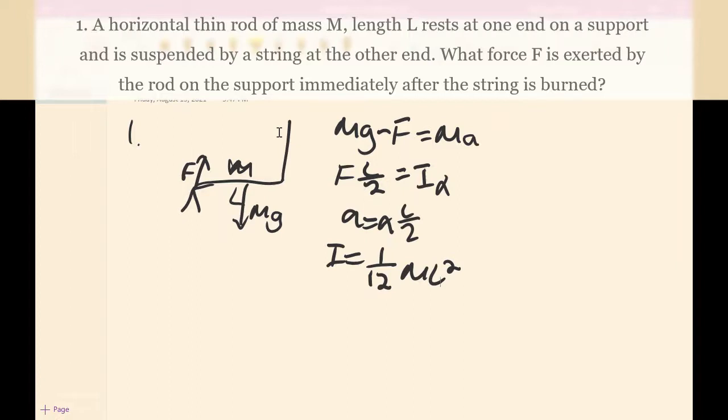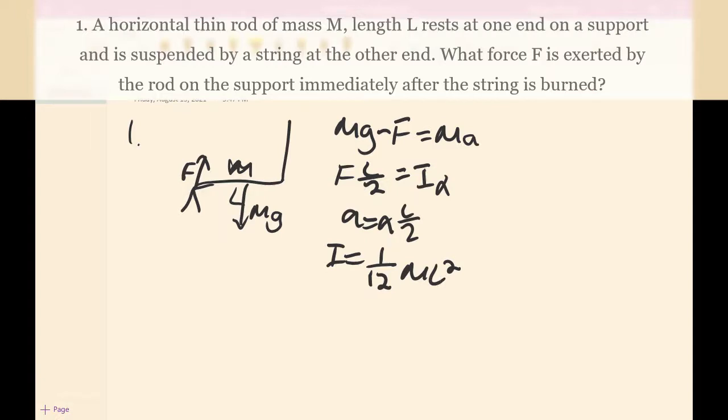It's different for other shapes and points you measure from, and you should probably remember this value for I, both for this particular case and for a bunch of the other common ones, for example the moment of inertia around the end, or a ball.